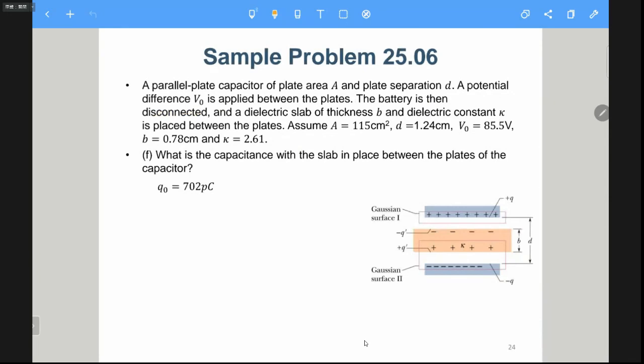Okay, so the next part is what is the capacitance with the slab in place between the plates of the capacitor.